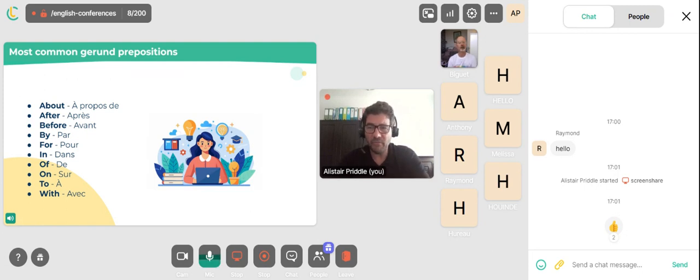About, after, before, by, for, in, of, on, to, with. About, after, before, by, for, in, of, on, to, with. The most common gerund prepositions.